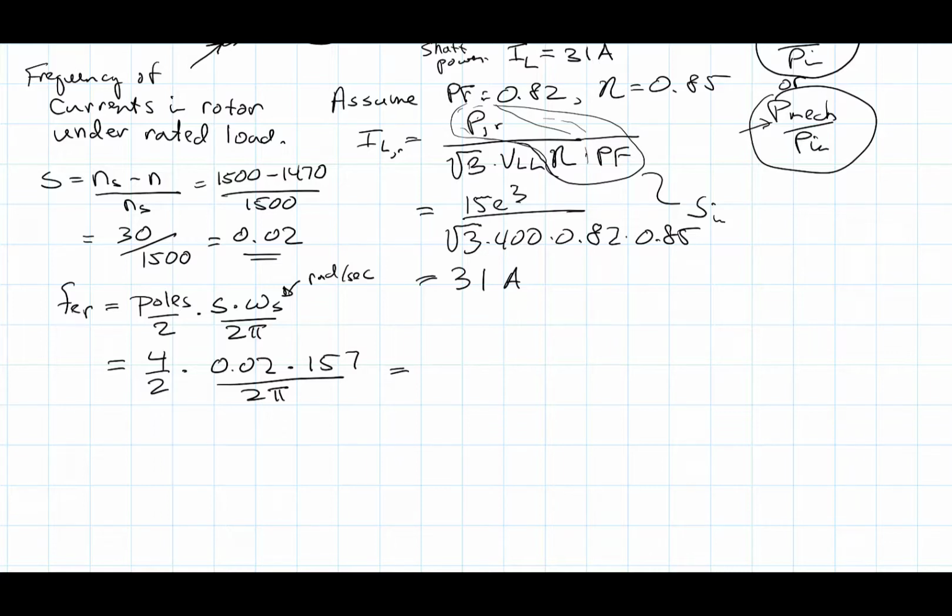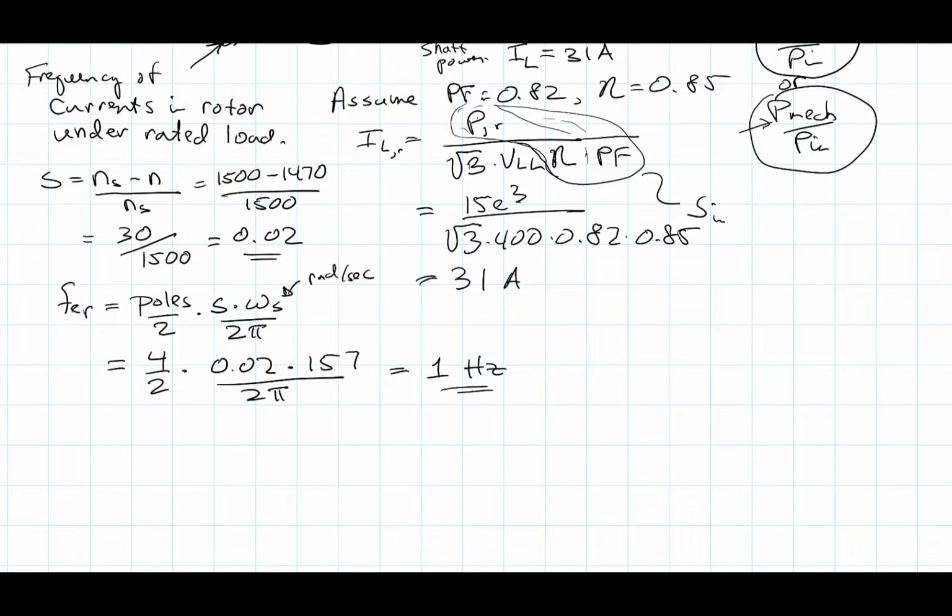Okay, so that's 0.02 times 157 divided by 2 pi, multiplied times 2, and that's about 1 hertz.